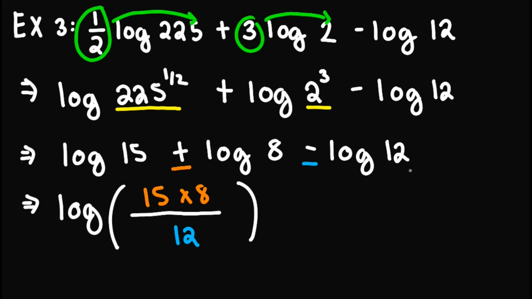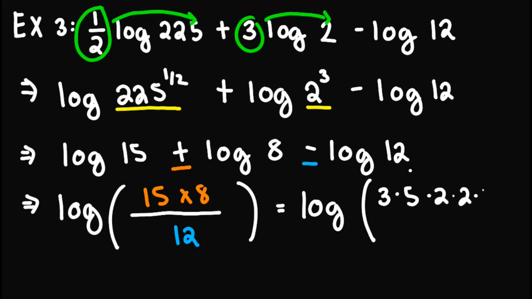So first, let's just try to rewrite this one. So we've got logarithm of 15 can be written as 3 times 5. 8 can be written as 2 times 2 times 2. All over 12 can be written as 2 times 2 times 3.